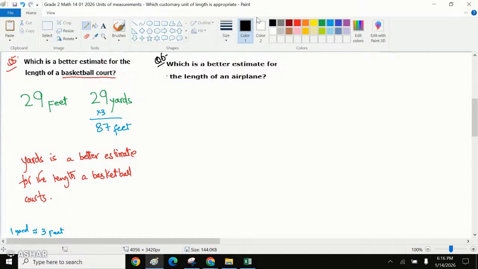The two comparative values given to us are 44 feet and 44 yards. So what should be the better estimate of the length of an airplane?